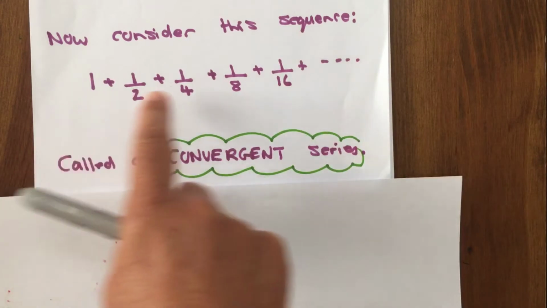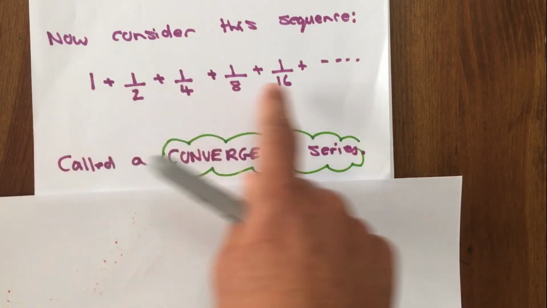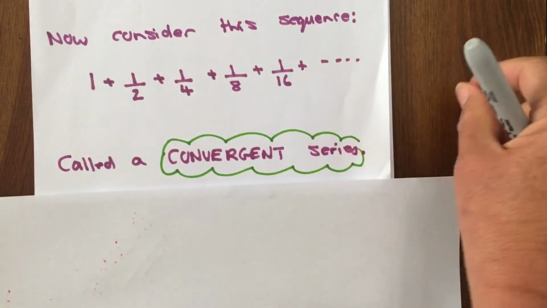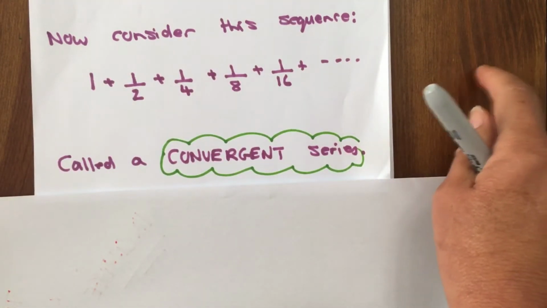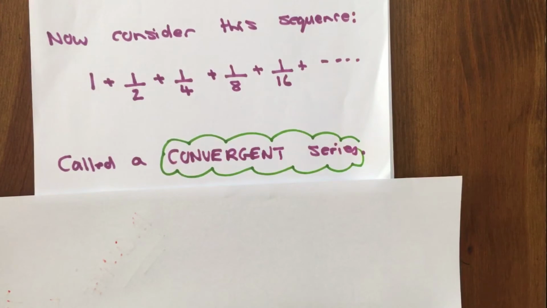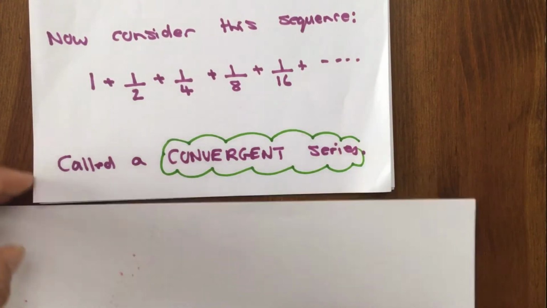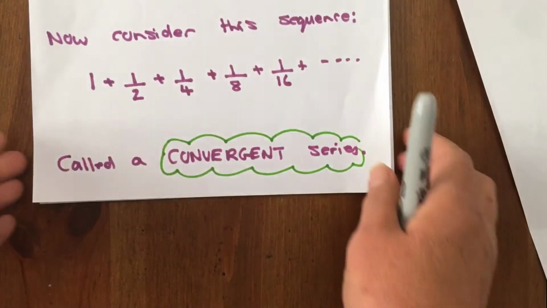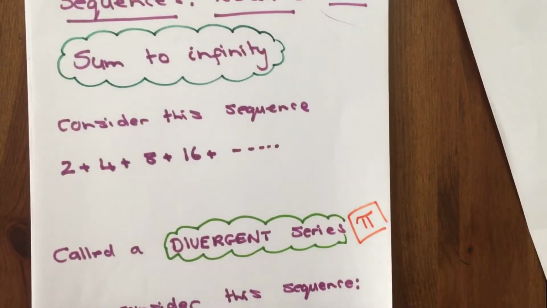Now think to yourself, what would this series add up to if you added them all up and went all the way to the smallest value you could think of? Have a think about that. We'll look at what the actual answer is later on.